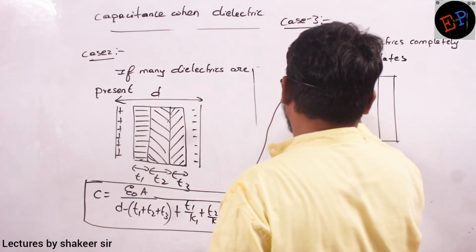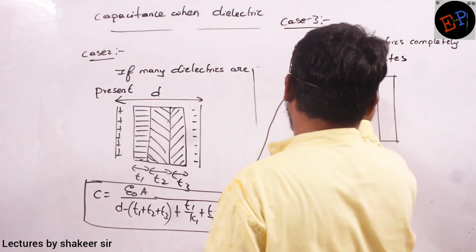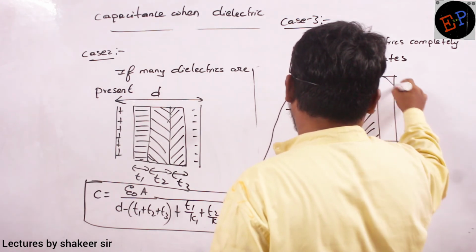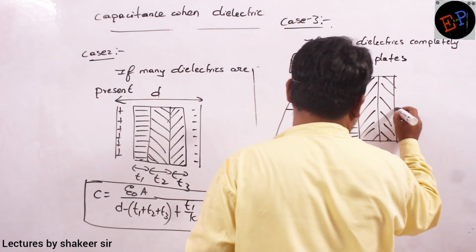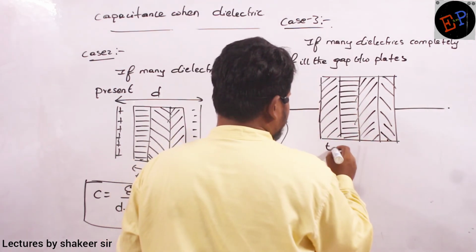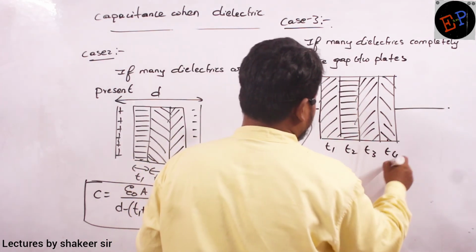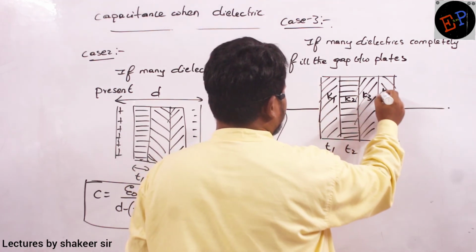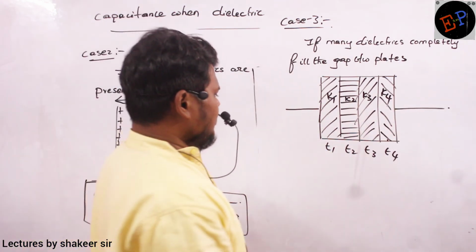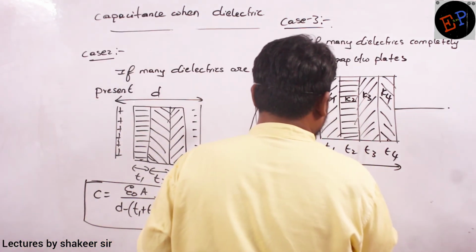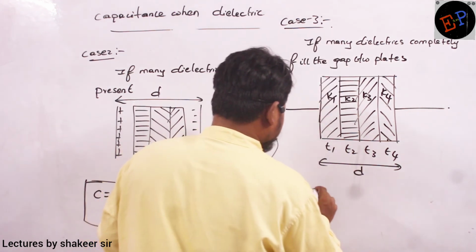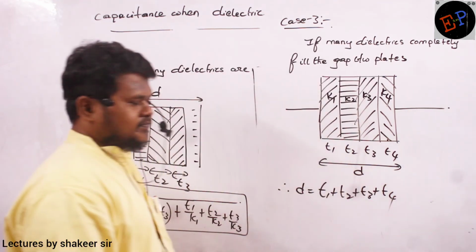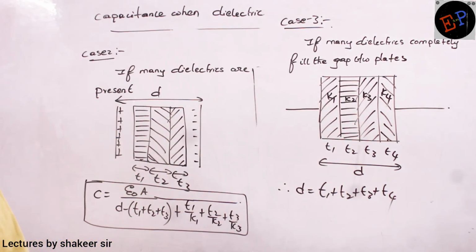So this is one dielectric, this is one dielectric, this is one more dielectric, this is another dielectric. So thickness of this one is T1, T2, T3, T4. Dielectric constants are K1, K2, K3, K4. And total distance between the plates is D. So therefore I can write D is equal to T1 plus T2 plus T3 plus T4. Are you able to understand?